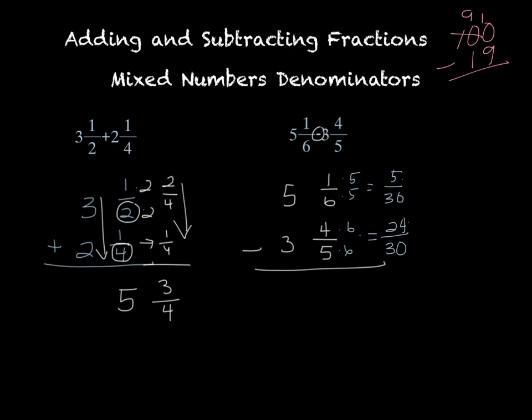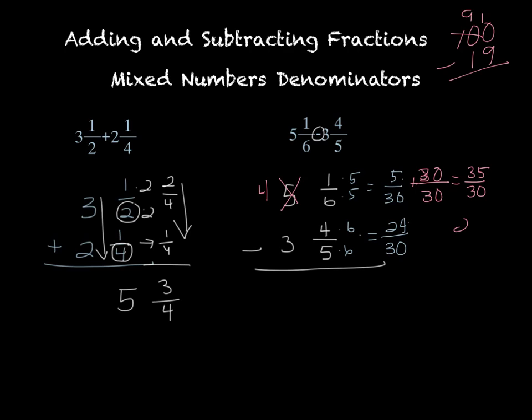We have to borrow from this whole number. So we have to borrow 1 from this whole number, make that a 4. A whole group of 30 of something is 30 over 30. So we now have 35 over 30.